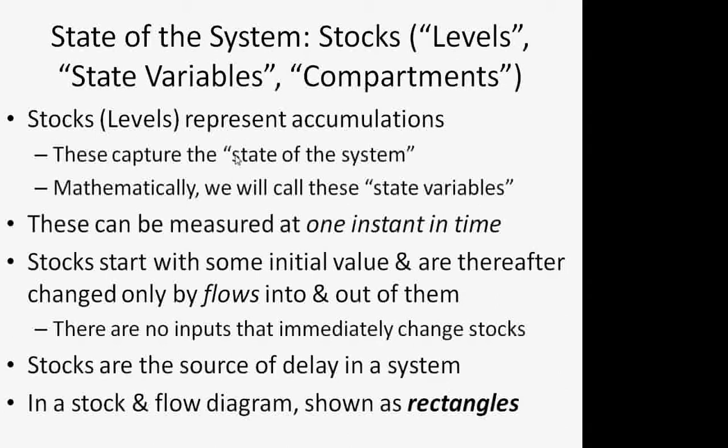Stocks, yeah? So these are accumulations. The stocks are accumulations. They capture the state of the system at any given point. Now, critically, because they capture the state, we can measure them at one instant in time. We can freeze things and measure at a moment in time: how many people are susceptible, how many people are infected, how many people are recovered. Okay?